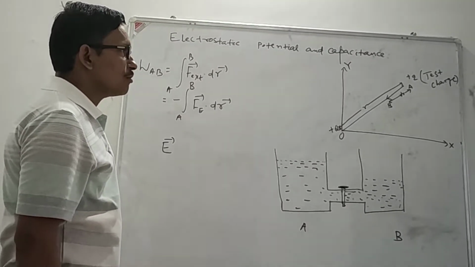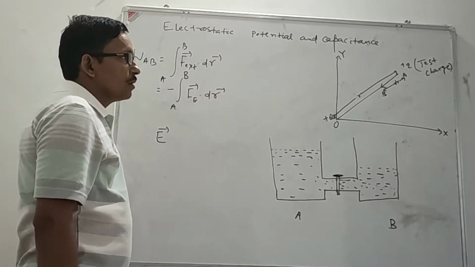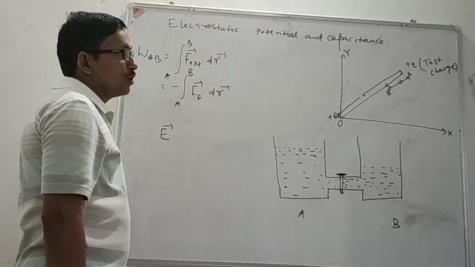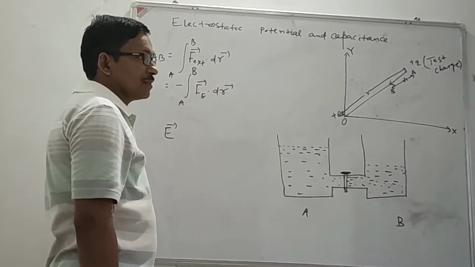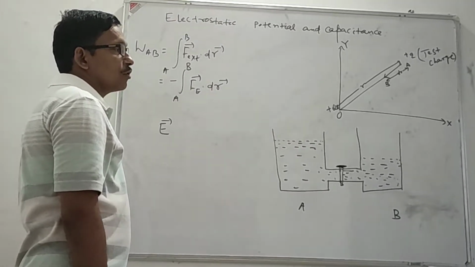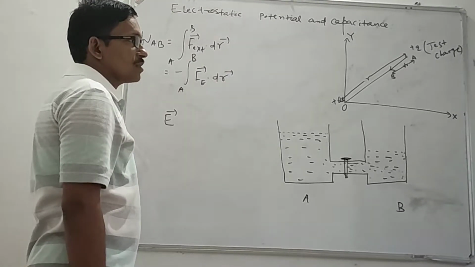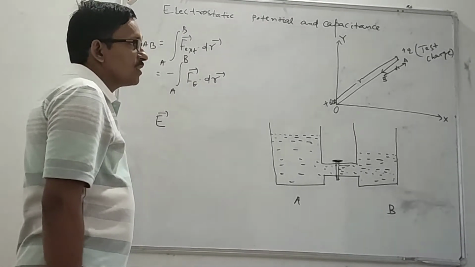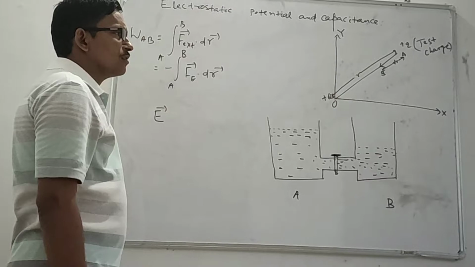Its kinetic energy should not increase. When the charge q is brought to point B and it is left, then what will happen? The electrostatic force will take the charge to point A, thereby conserving the total energy.